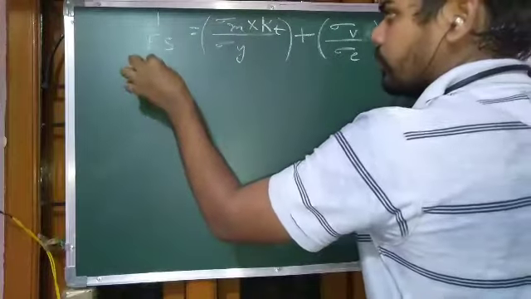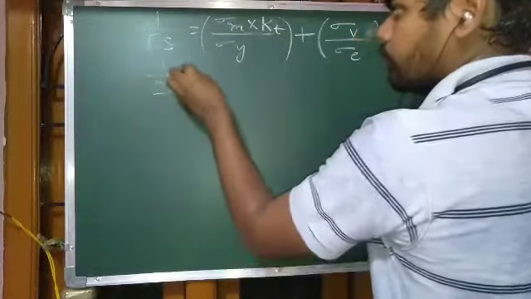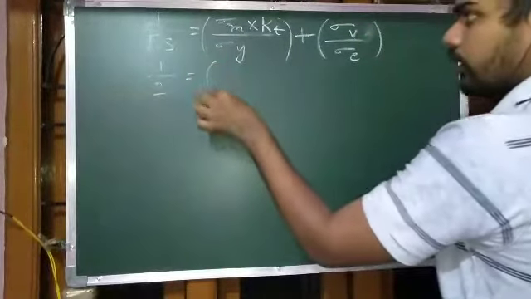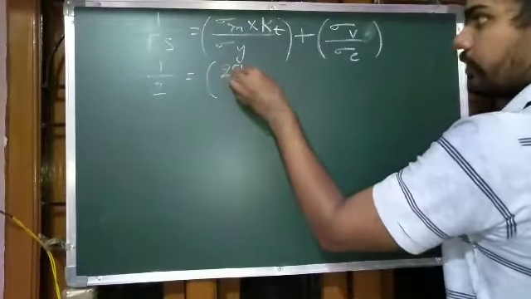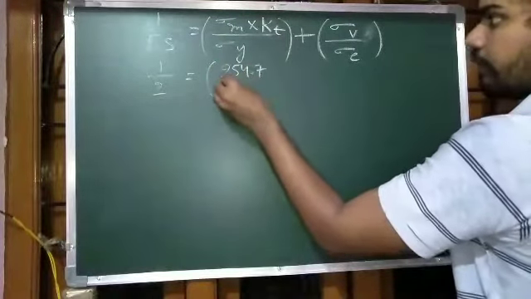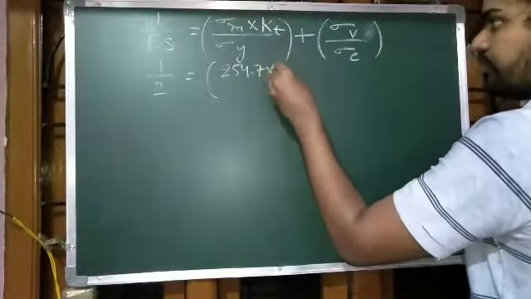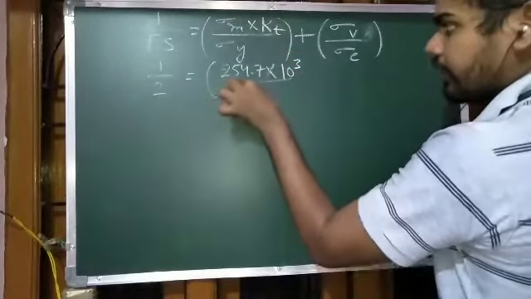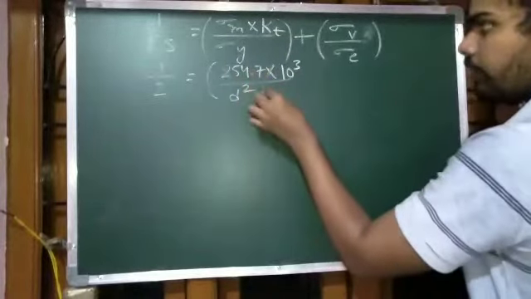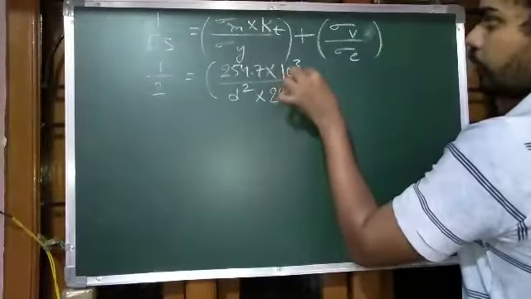Now substitute all the values here. So 1 by factor of safety means 1 by 2. What is sigma m? The sigma m value is 254.7 into 10 cube divided by d square, and what is the value of sigma y? 280 MPa, into kT.